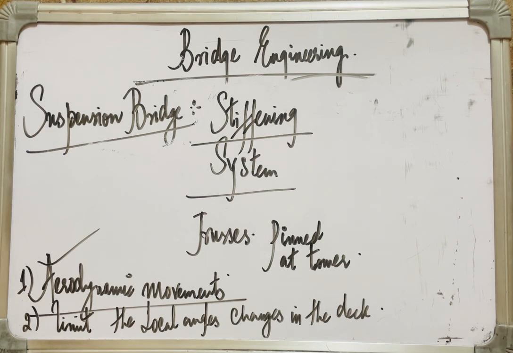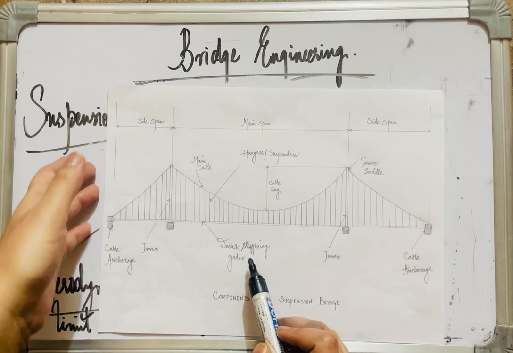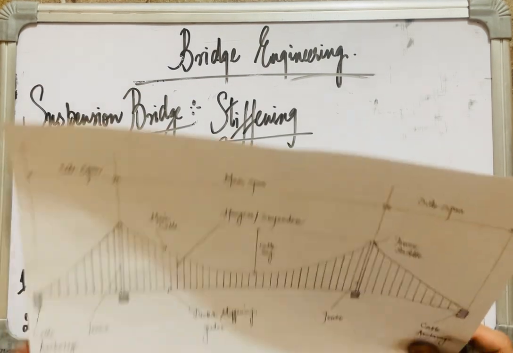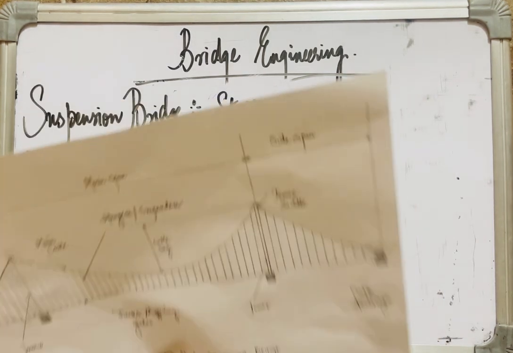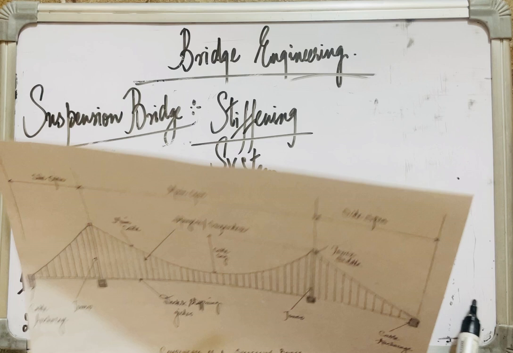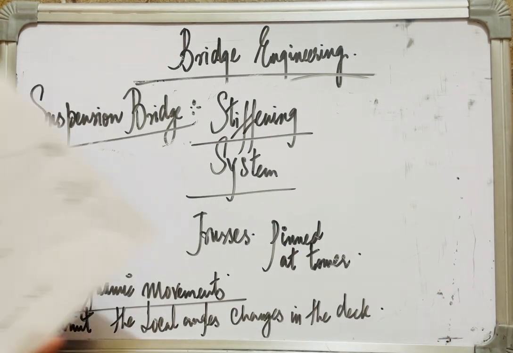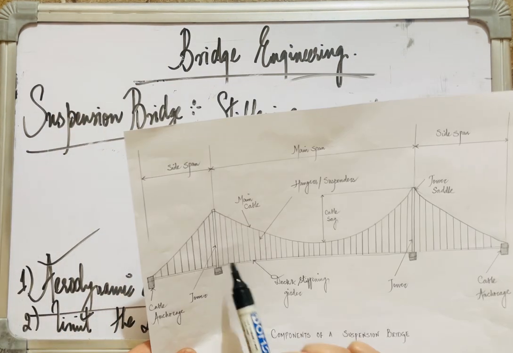All right, so this is my diagram. This is my deck and stiffening girder mechanism. We have studied the deck, that it consists of stiffened steel plate, ribs or troughs, and floor beams, of course, and can be made of strong steel trusses or a streamlined box girder. And the stiffening system, which is an essential component of a suspension bridge, consists of trusses which are pinned at the towers.